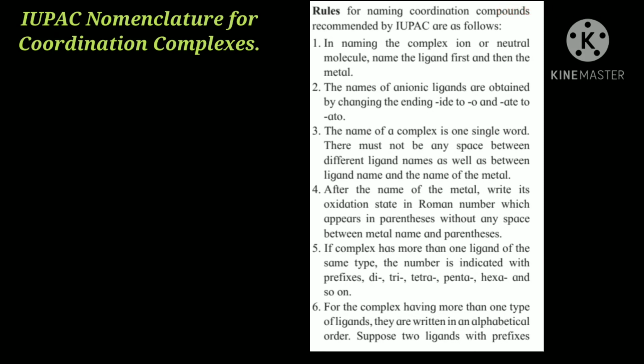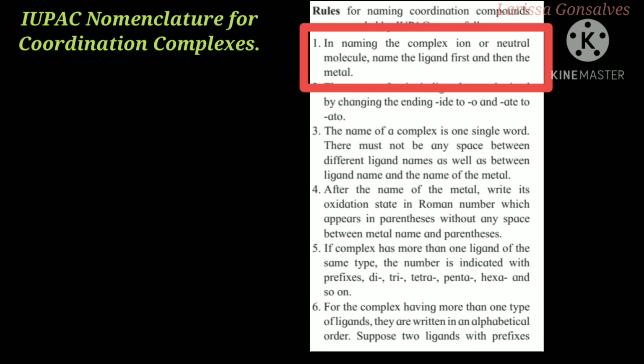There are certain rules that we need to follow which are recommended by the IUPAC for naming the coordination compounds. The first rule is, in naming the complex ion or neutral molecule, we are supposed to name the ligand first and then the metal. So here we are having a neutral complex, that is [Ni(CO)4].